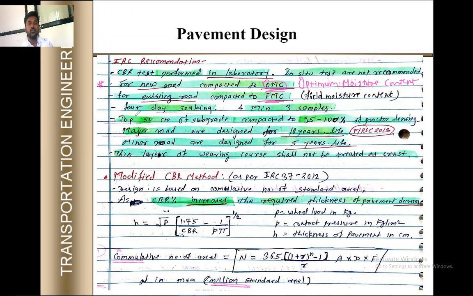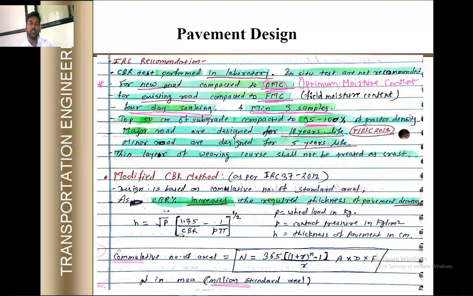Whenever we are performing this CBR test, we have to ensure that 4 days soaking of the sample is done, and we have to test a minimum of 3 samples. The top 50 centimeters of the subgrade is compacted up to 95 to 100% of the Proctor density.